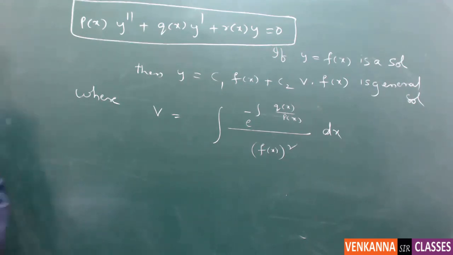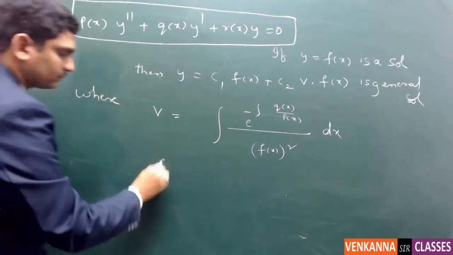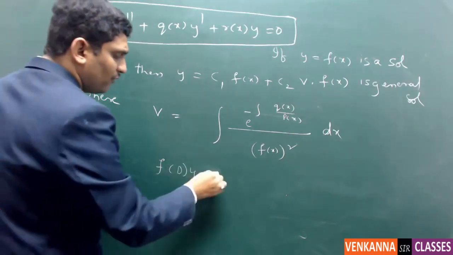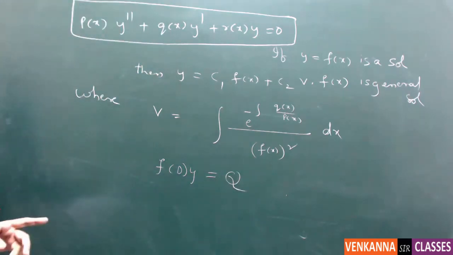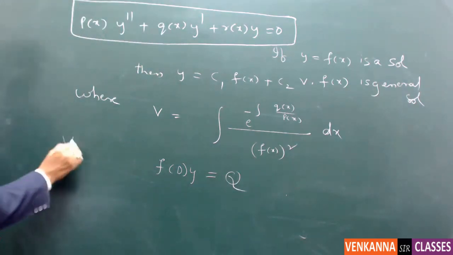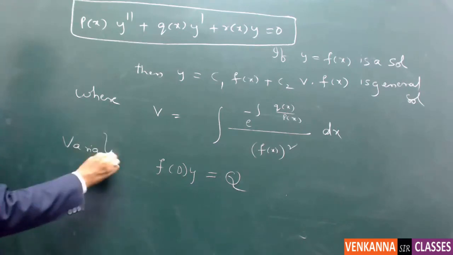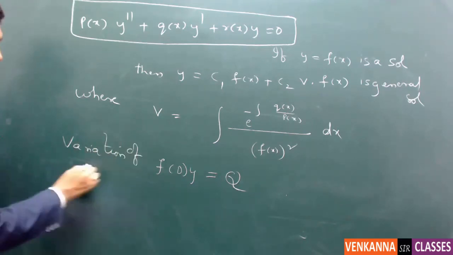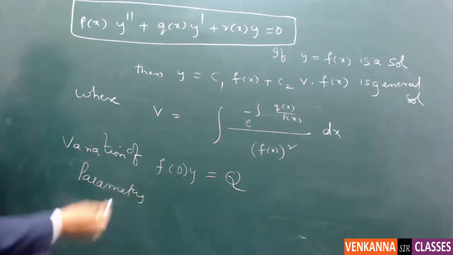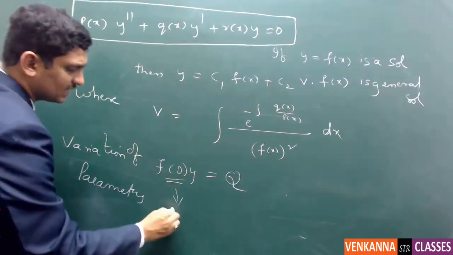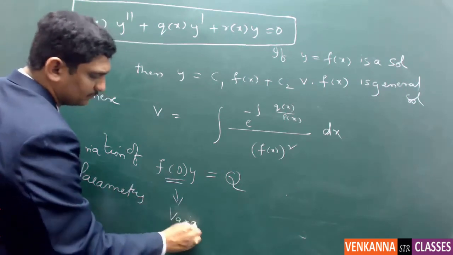Suppose a problem is given, let me say f of D into y is equal to Q, asked on variation of parameters, in which f of D contains variable coefficients.